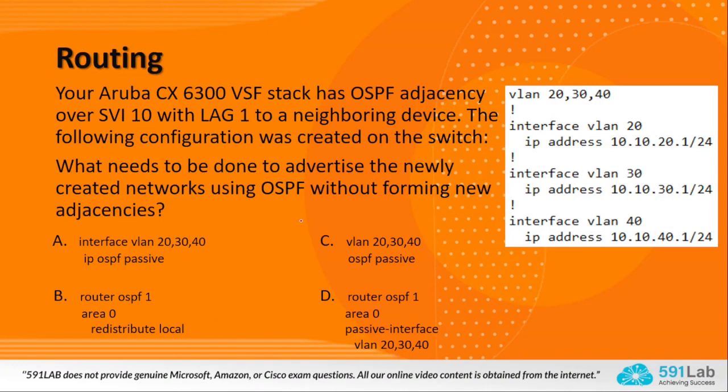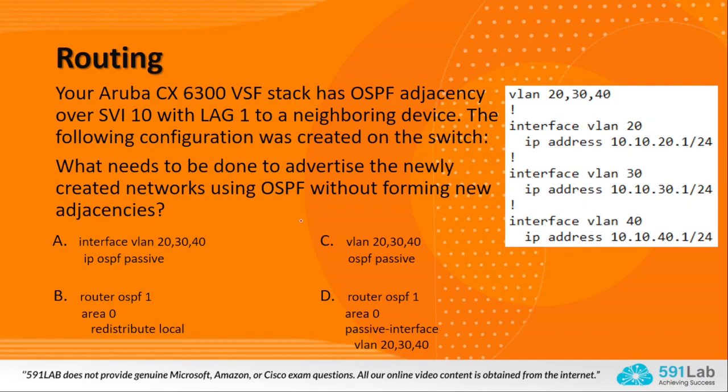Option A, interface VLAN 20, 30, 40, and under that interface VLAN configuration mode, IP OSPF passive is configured. This shows that VLAN interfaces of VLAN 20, 30, 40 are selected and then all of them are made OSPF passive interfaces.